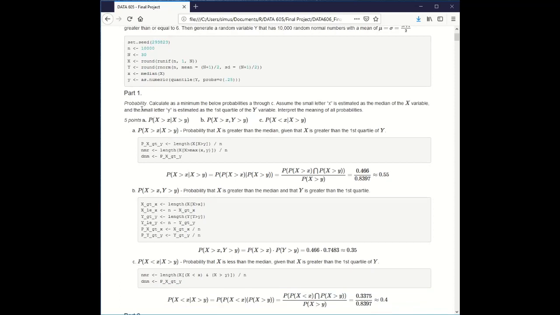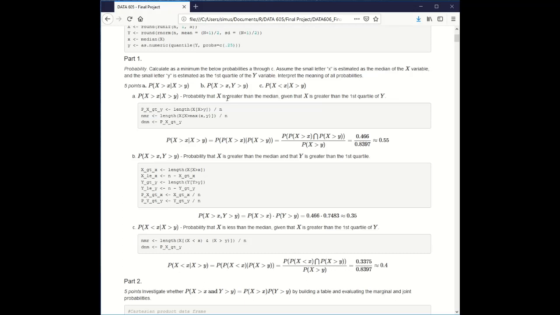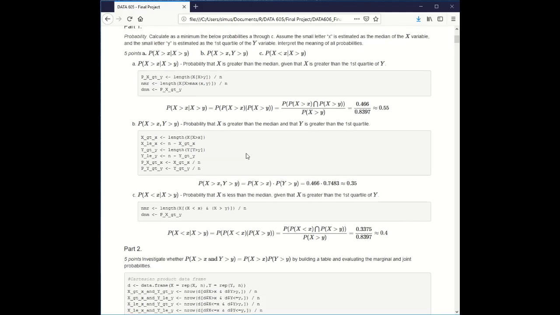So in part 1, we were asked to calculate probabilities for three different conditional probabilities, and I provide the R code and the formulas to calculate those.